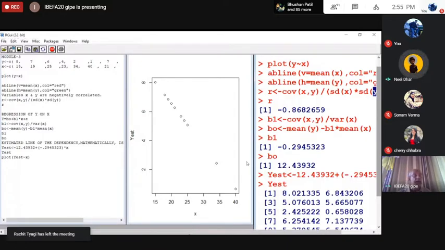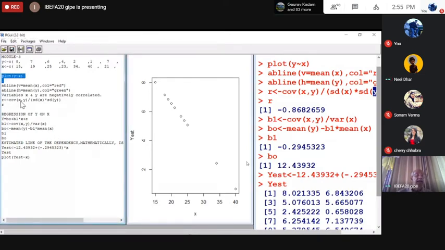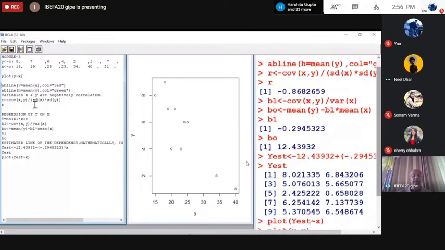The estimated value is on the y-axis and X is on the x-axis and the fitted line is on the graph.